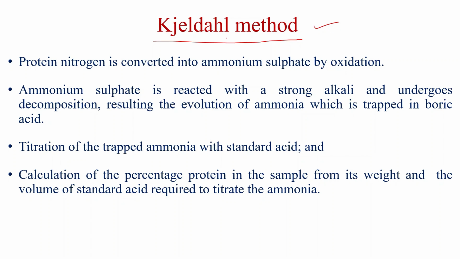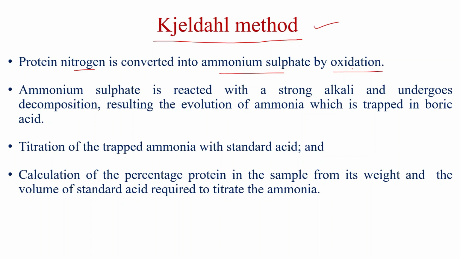First, your sample is digested at a very high temperature in the presence of potassium sulfate using concentrated sulfuric acid, and we also use copper sulfate as a catalyst. All the elements present in the sample get converted to their respective oxides, whereas protein nitrogen is converted into ammonium sulfate by oxidation.